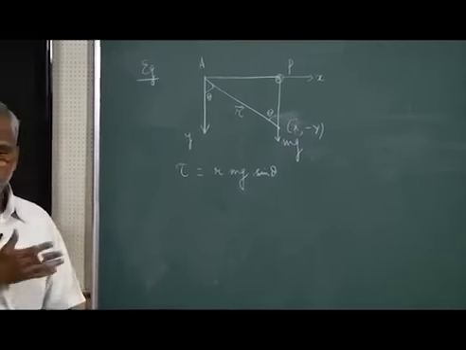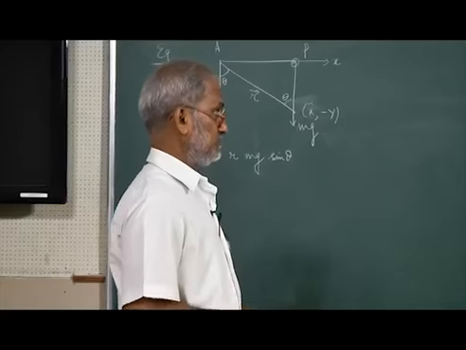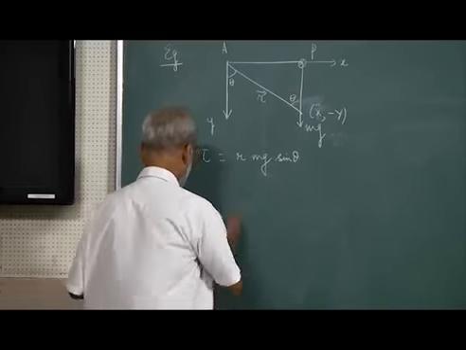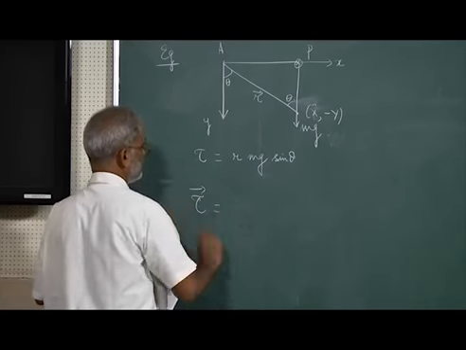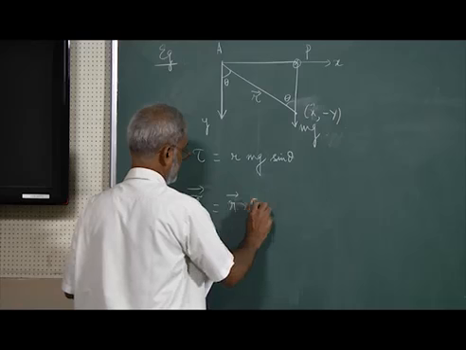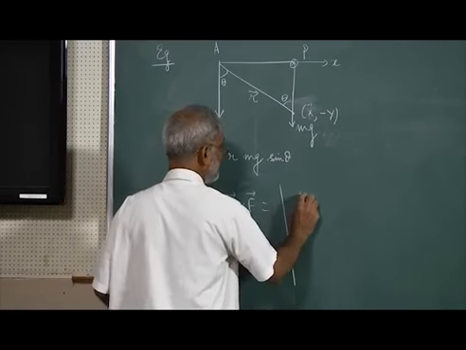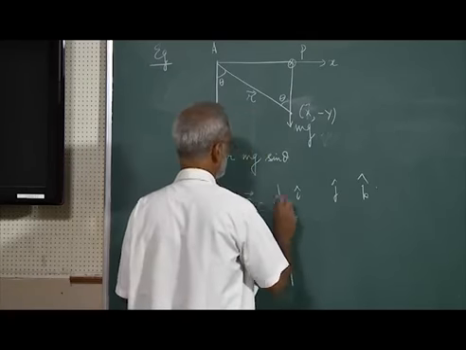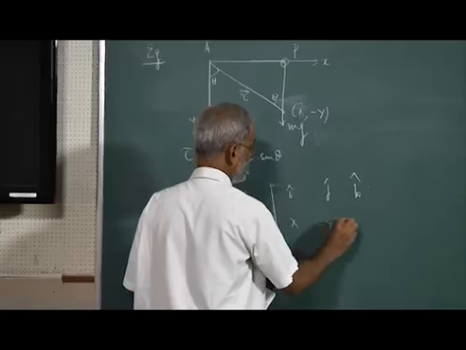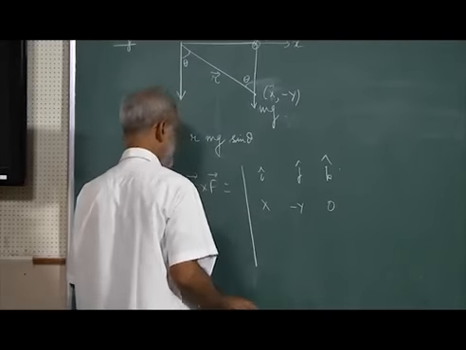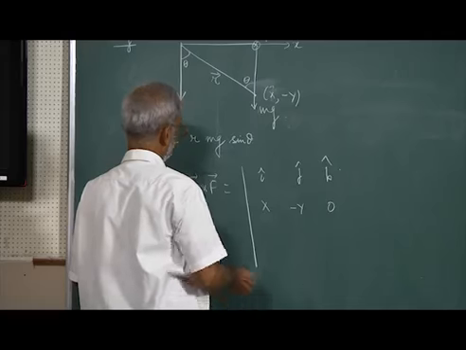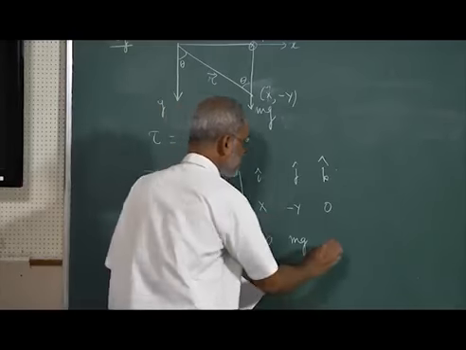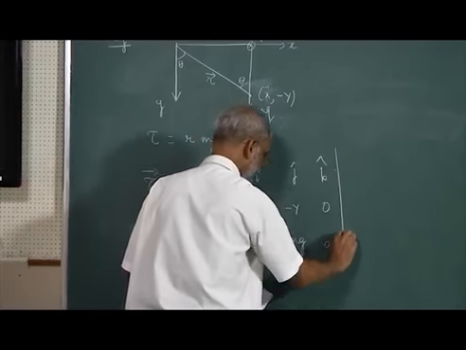Now you may ask me, sir, why don't we make use of the definition of the cross product? We will do it. Tau is equal to r cross f. Remember yesterday we wrote down this definition with i, j and k. This coordinate is x, this coordinate is minus y, this is 0, and mg has only the y component, therefore 0; it is a positive force when it moves towards the ground, towards the center of the earth.